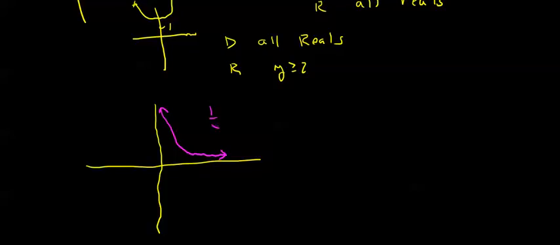This is actually y equals 1 over x if x is greater than 0. The domain would be x greater than 0, and the range would be y greater than 0, because I have an asymptote here and here.